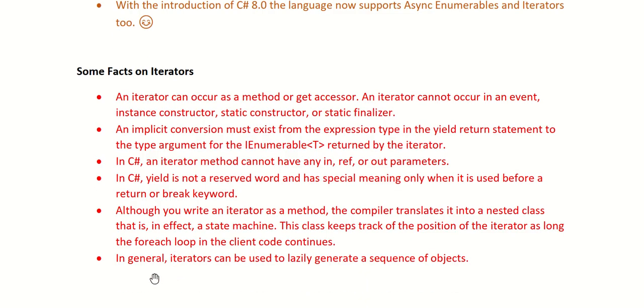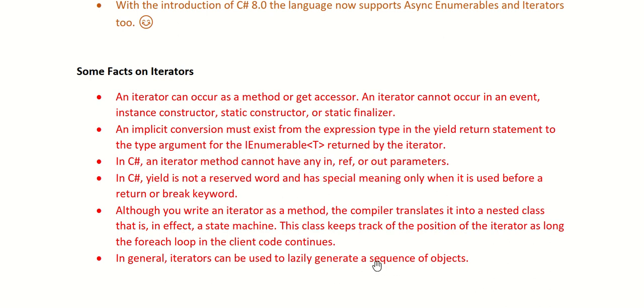So in general, iterators can be used to lazily generate a sequence of objects. Do remember, don't think of an iterator as a way to enumerate over a collection, just to step through a collection. No, an iterator is basically a mechanism to lazily generate a sequence of objects.